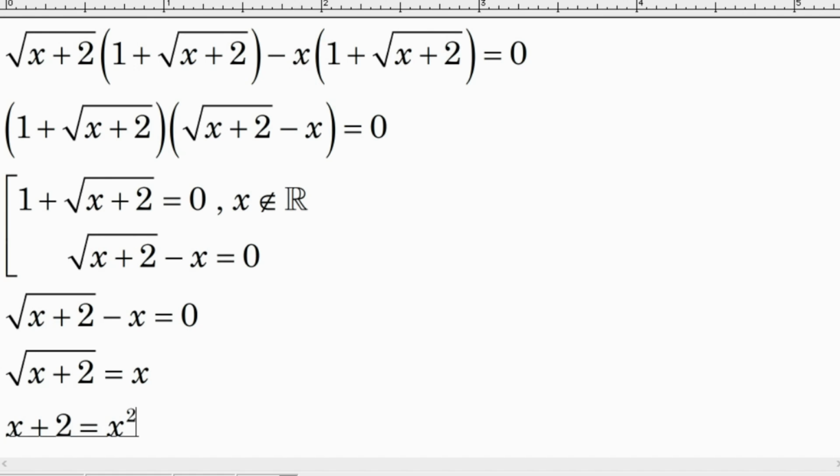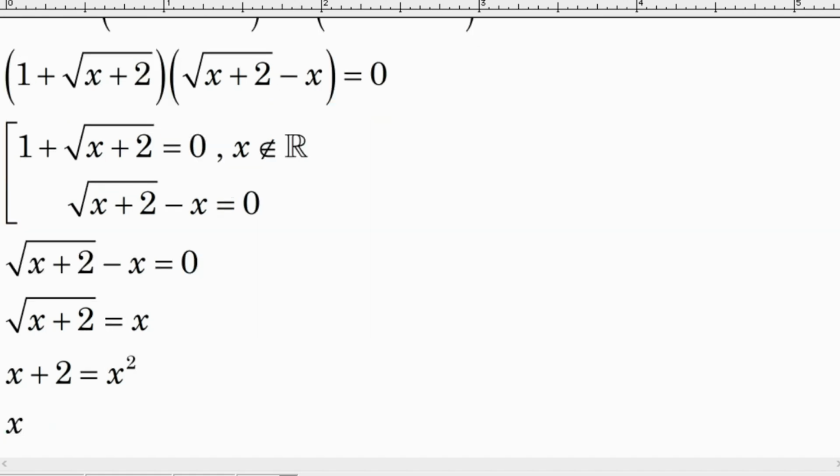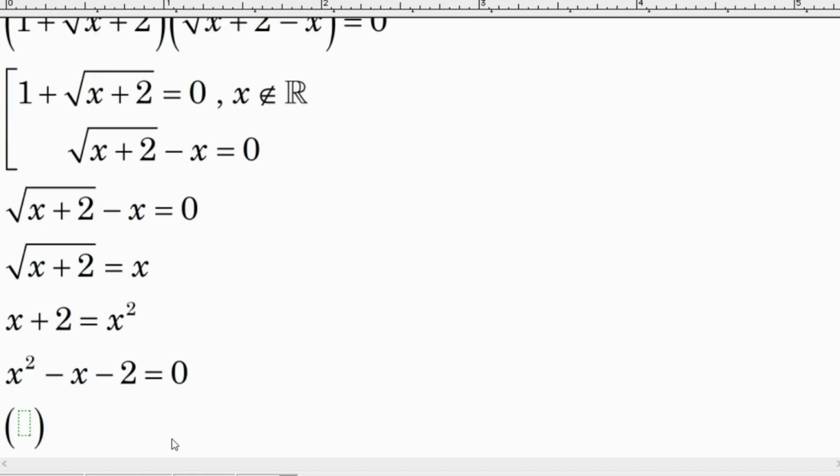Then we have to solve this quadratic equation: x squared minus x minus 2 equal to 0. I can factor this quadratic equation into two factors, so we get (x plus 1)(x minus 2) equal to 0.